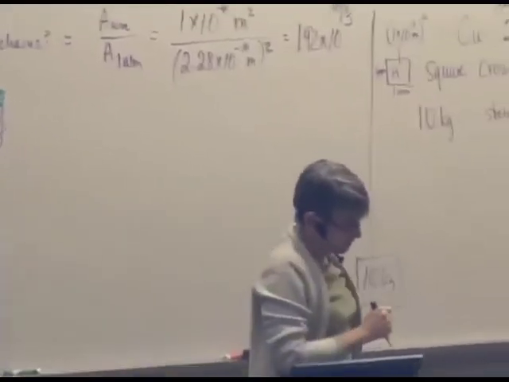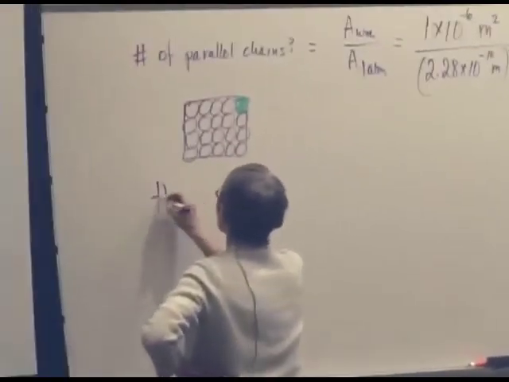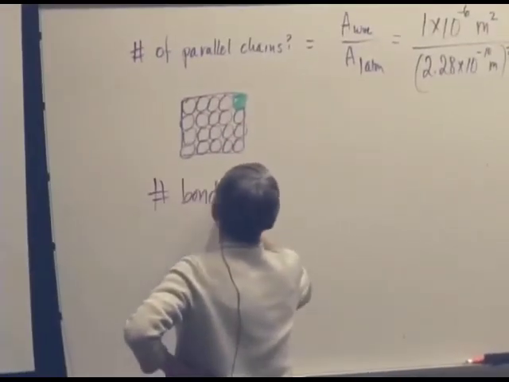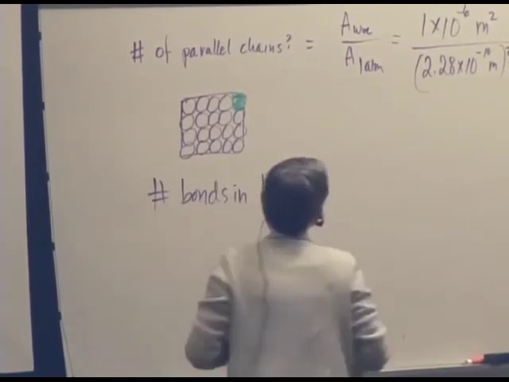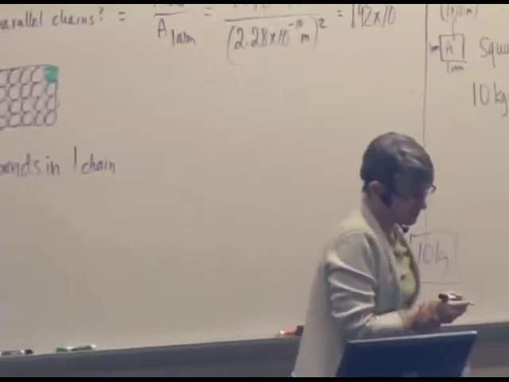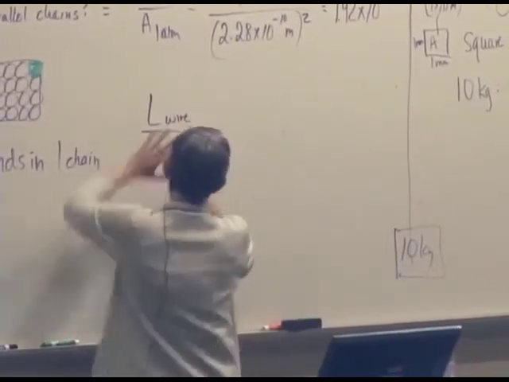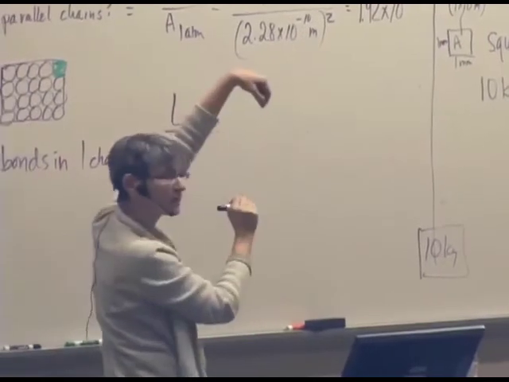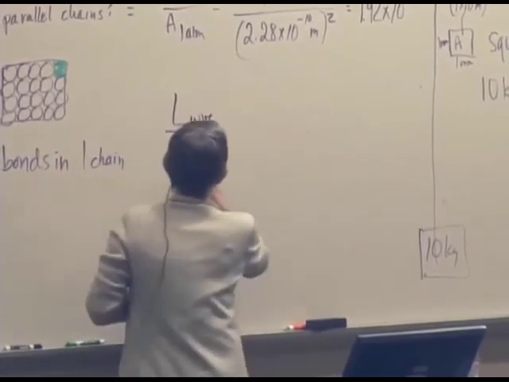And now we need to know how many atoms in one chain, the number of bonds, number of springs in one chain. Well, that's just going to be the length of the wire divided by the length of one of these bonds, which is the diameter of an atom.